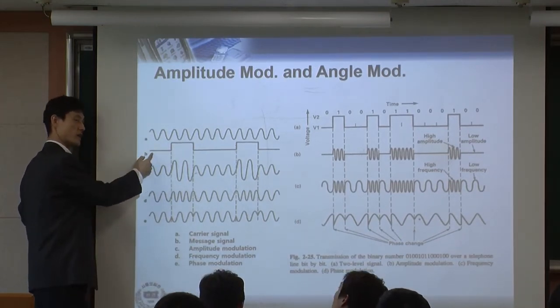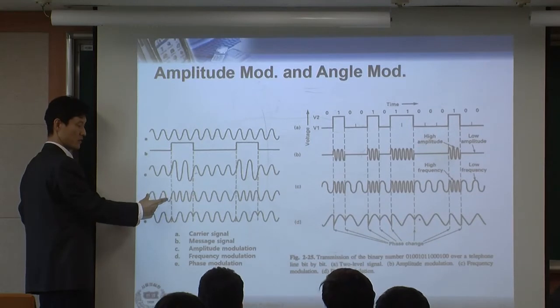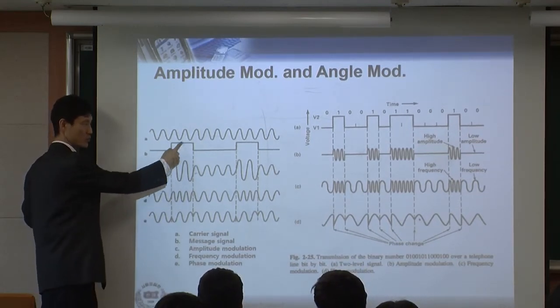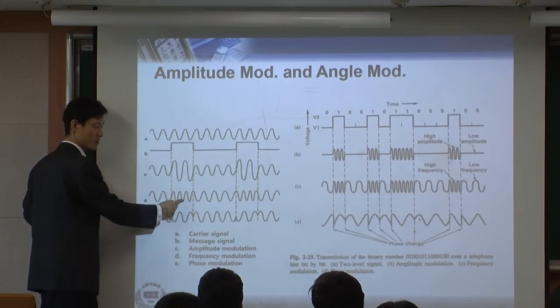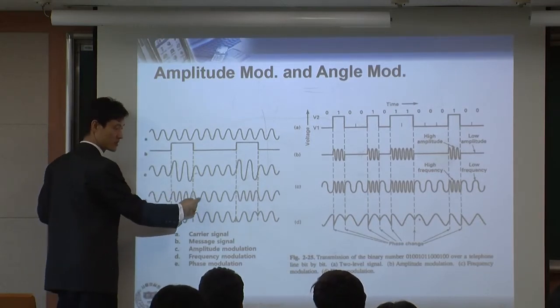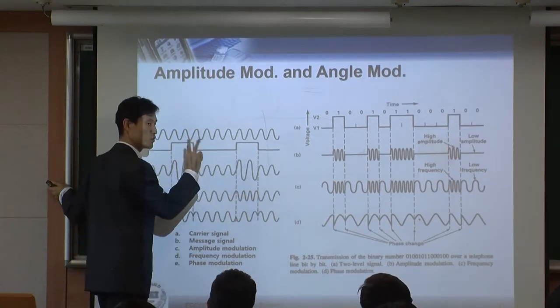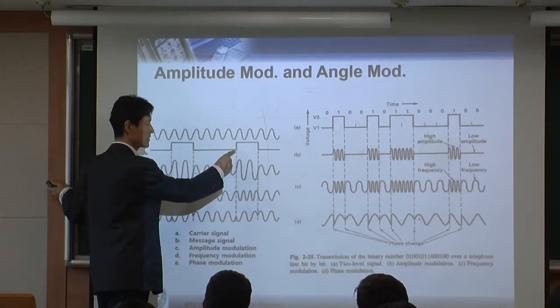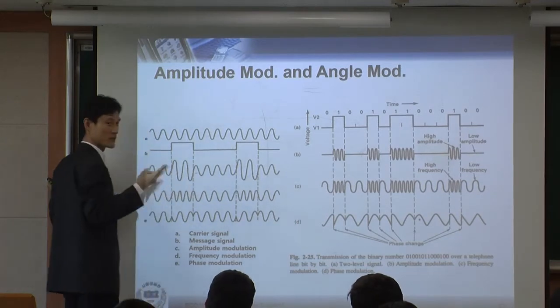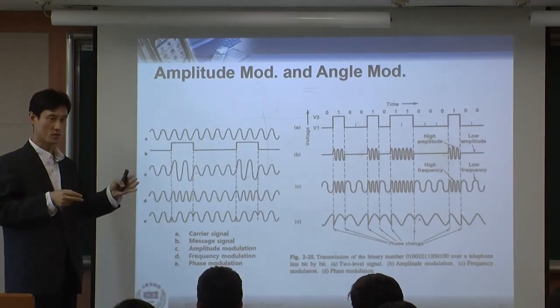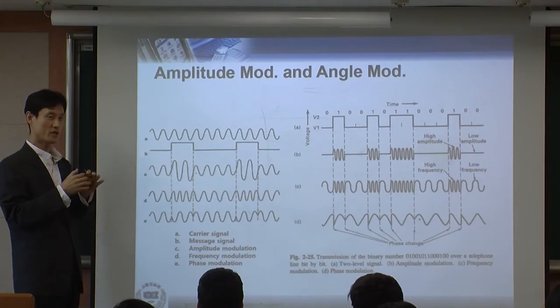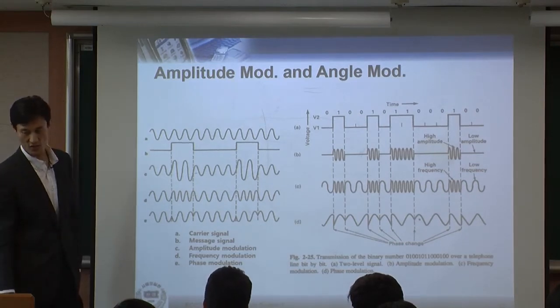This one, D, shows your frequency modulation. When your message is a 0, maybe you have the same frequency as the carrier, but when your message is 1, now you have a higher frequency. And you come back to the original frequency, and again a higher frequency. Since we have two different data values, either 0 or 1, it's binary. So how many different frequencies do you need?